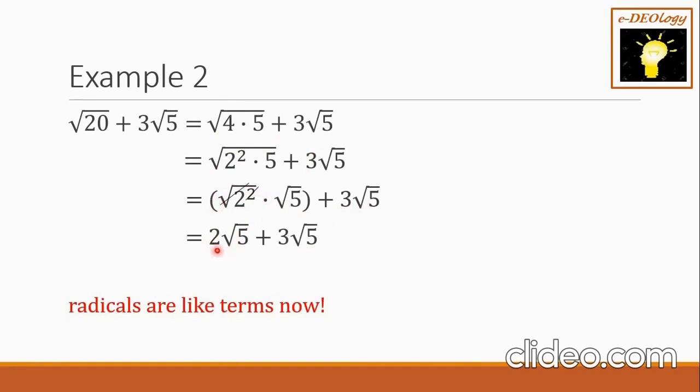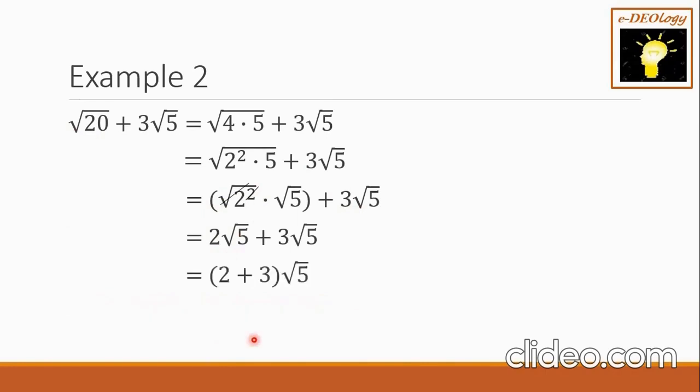Now we were able to simplify this square root of 20. It now becomes 2 square root of 5. So we can see that they are like terms now. It means we can now apply our rule in addition of like radicals. So we add the numerical coefficients, 2 plus 3.